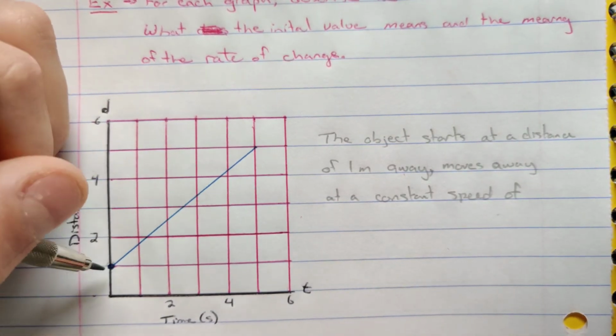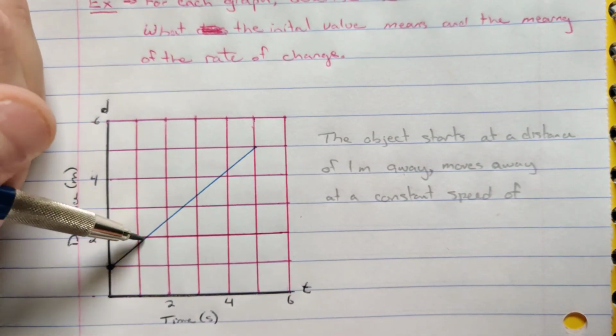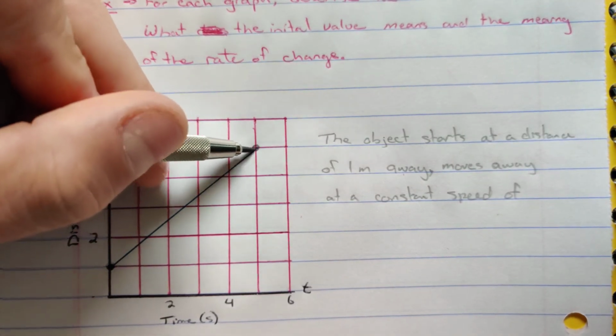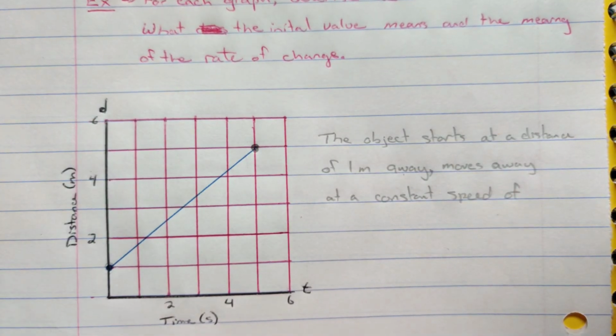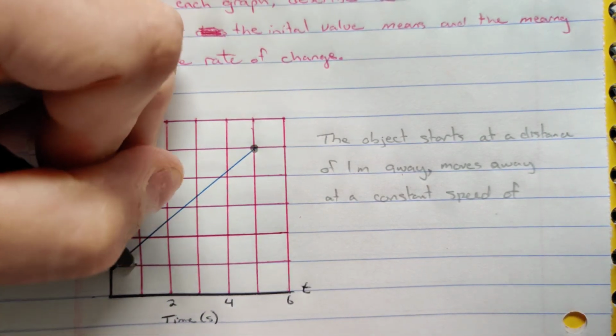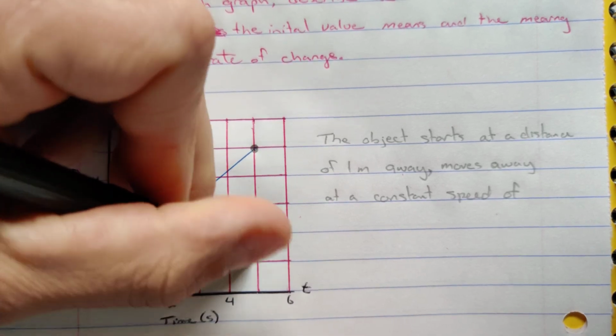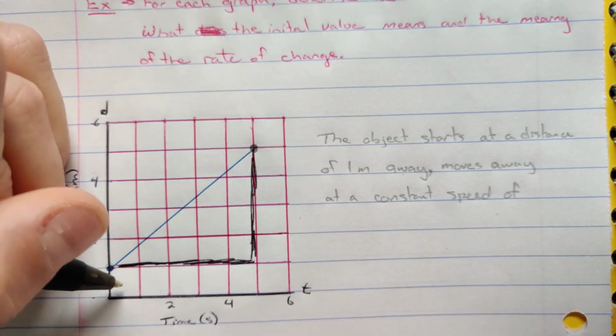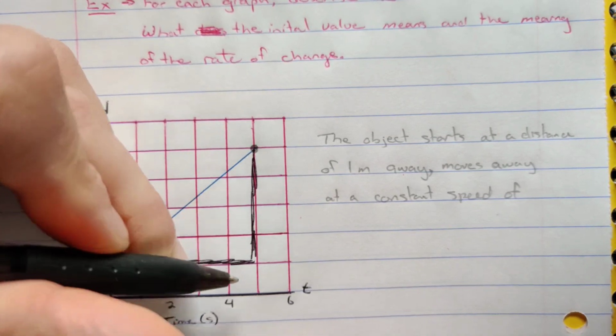And so this is a good point, 0, 1. And then the only other nice point that I can explicitly tell is right here at 5 and 5. So if I just draw a rate triangle quickly, I've got a run of 1, 2, 3, 4, 5.